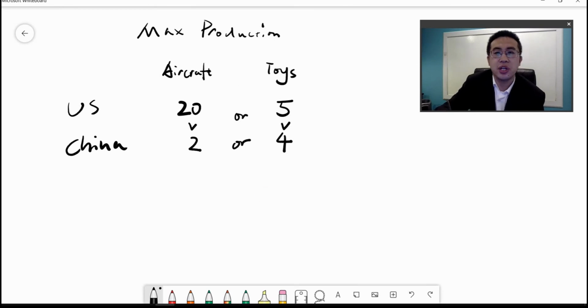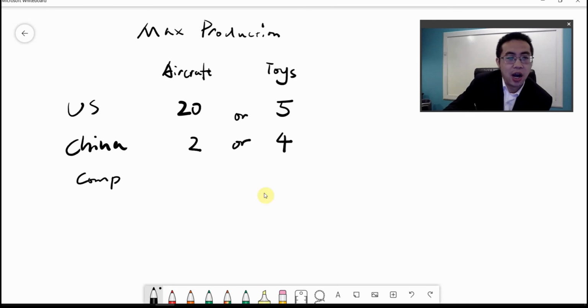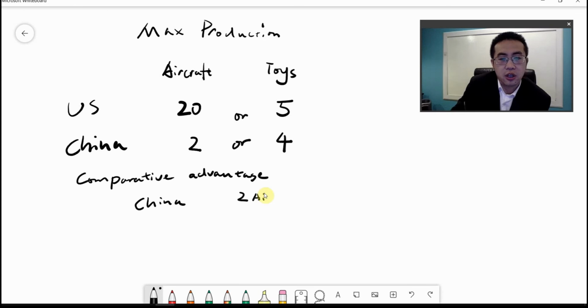So does that mean US will not have any chance to trade with China? No. Okay, there still could be some chance to trade. And here we come to the idea of a comparative advantage. Let's say if China wants to focus on aircraft production, so 2 aircraft equals 4 toys.